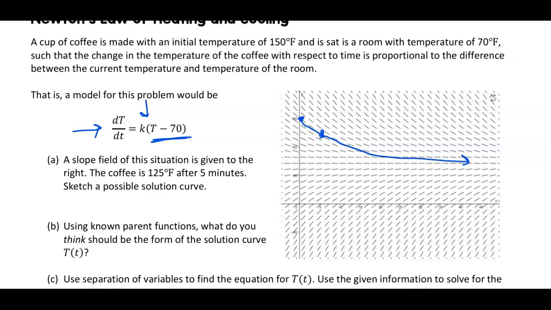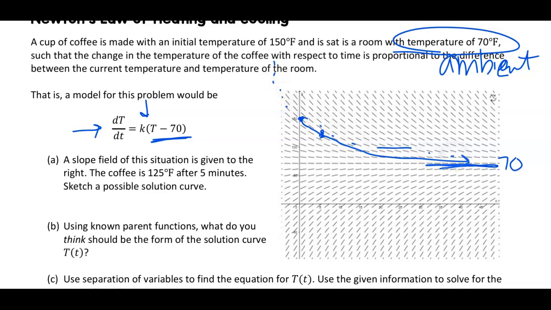Now notice it kind of levels off here, and where it levels off looks like it's about 70 degrees, right? That makes sense. That's our ambient temperature, because that's the temperature of the room. So known parent functions here, this is going to be an exponential decay with a horizontal asymptote at 70.